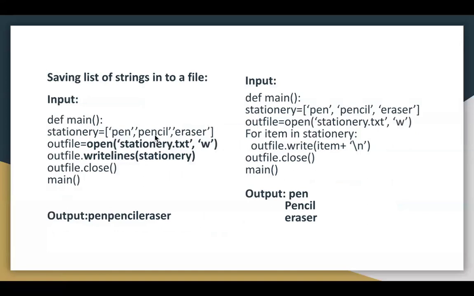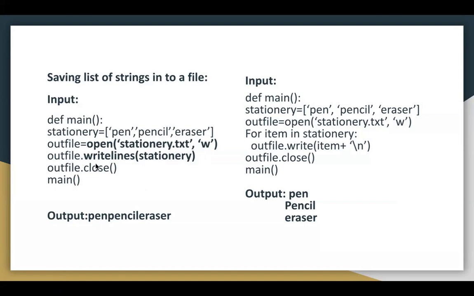And the next program is saving a list of strings into a file. So here I want to give a number of strings and store them in a file. I'm taking the example stationery, and the stationery list contains pen, pencil, eraser. And here I want to write these things in the file, so I want to open the file. So I'm using out file is equal to open stationery.txt, and the mode is write mode, because we want to write these elements in the file.